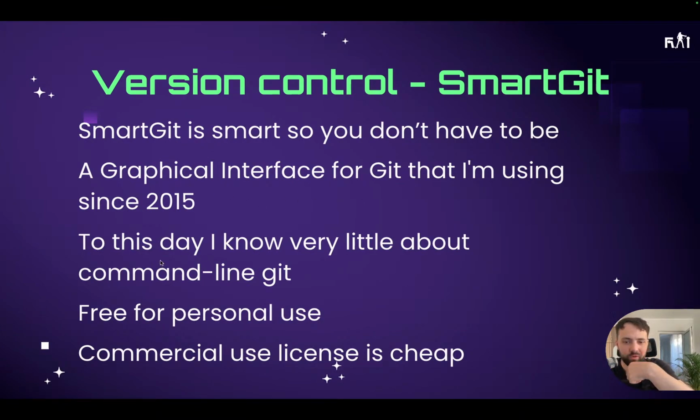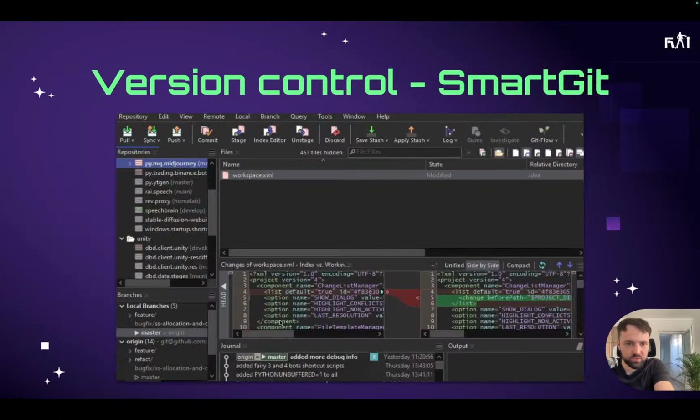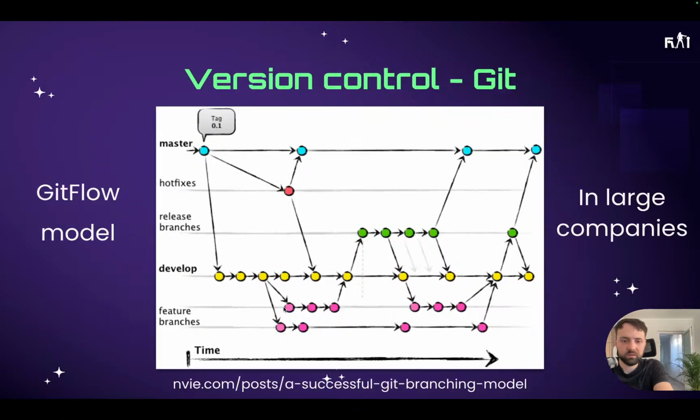To this day I know very little about command line Git, and like I said, the license is cheap. Basically I've already shown you how it works, and you see I have a lot of other branches, exactly like these branches here.